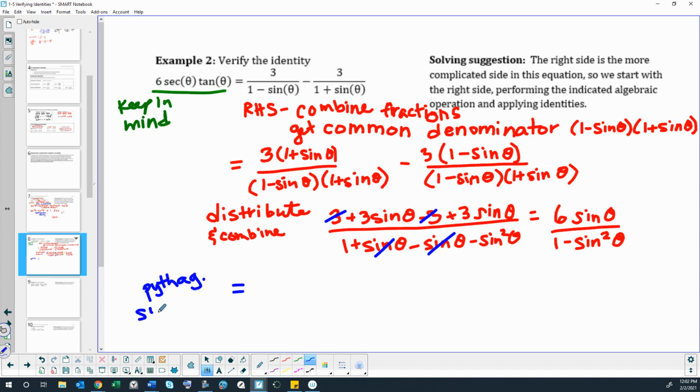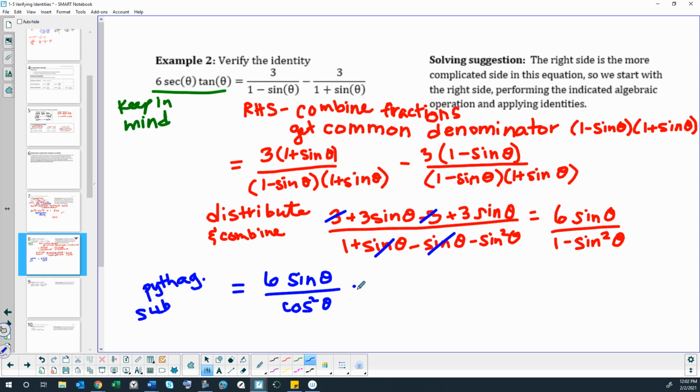Sometimes I start getting lazy with what I'm writing out. By that, I mean I'm replacing my 1 minus sine squared theta with cosine squared theta, because that is equivalent according to our Pythagorean identities, right? This equals that. So I just did a Pythagorean substitution.